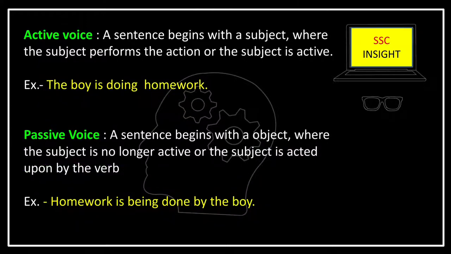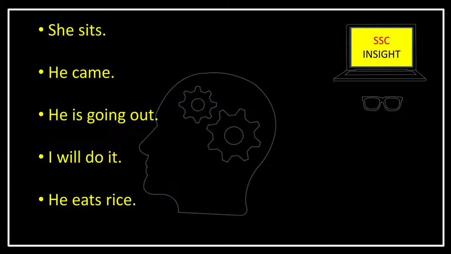Now we will consider some more examples. Here some examples are given. If I consider the first three examples, that is, she sits, he came, he is going out, can we convert them into passive voice?